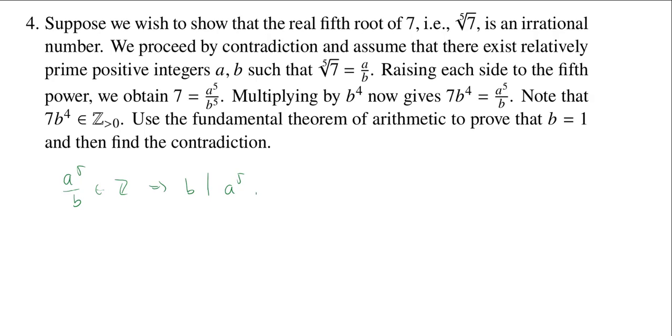Now, every prime factor of b certainly divides b, but then it must also divide a to the fifth, and that's going to mean it has to actually divide a. So let's see how that works. If p divides b, where p is prime, and of course we know b divides a to the fifth, then p divides a to the fifth.